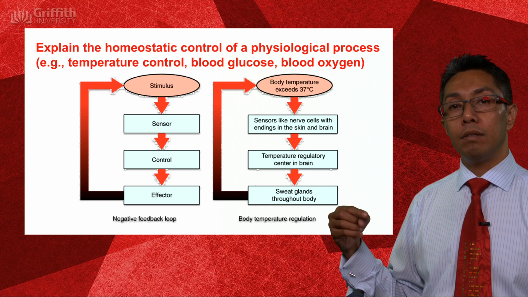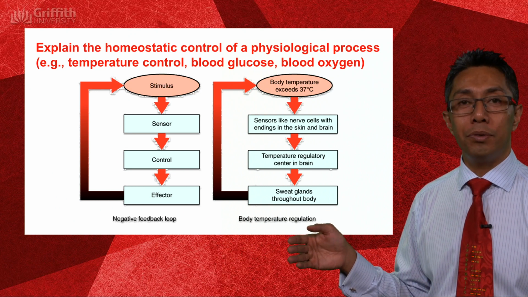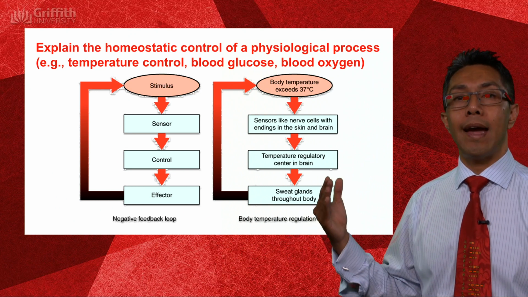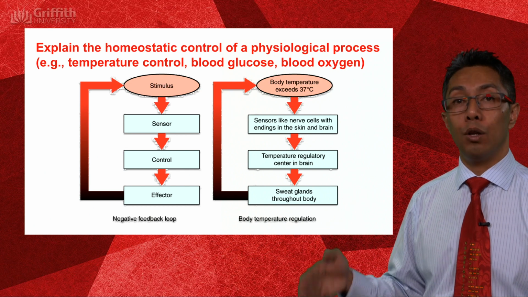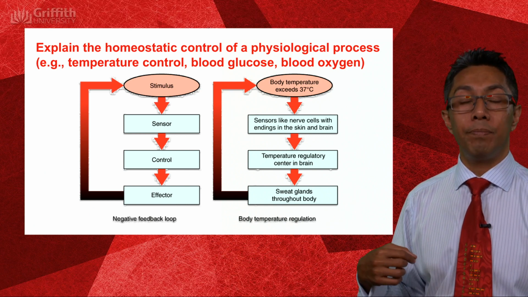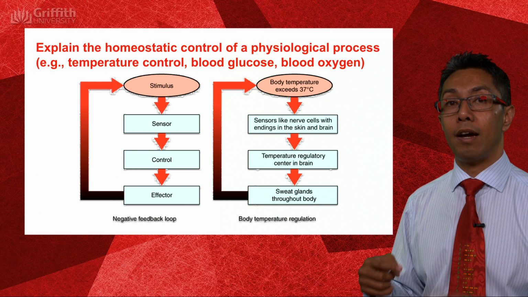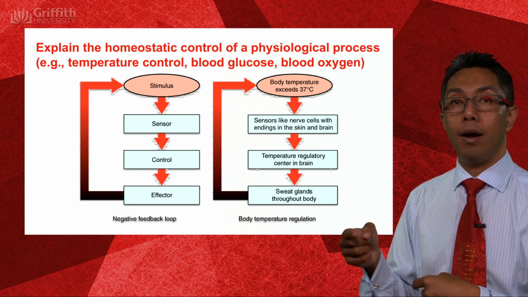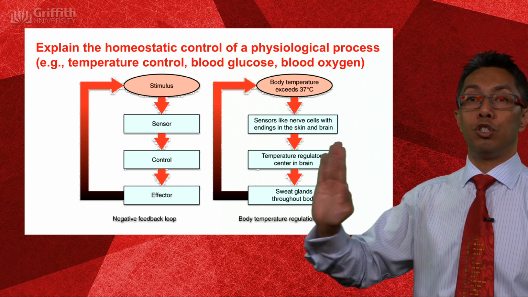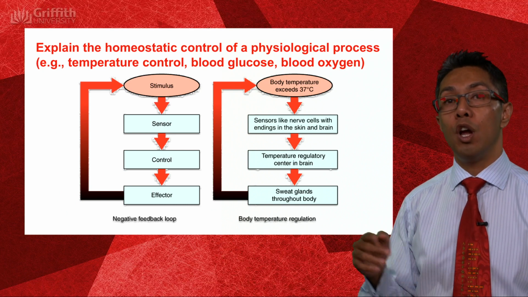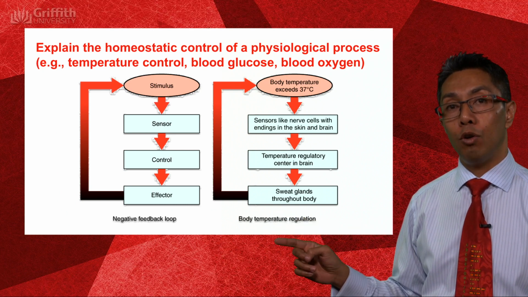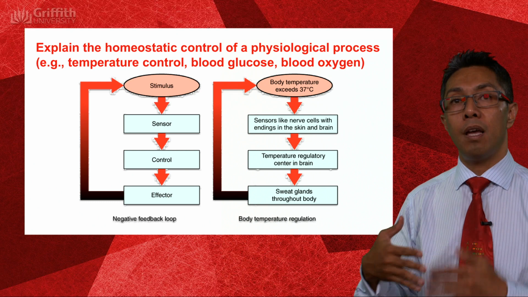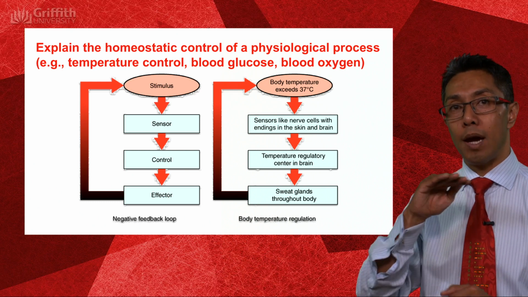Now, a lot of these, well, all of these homeostatic controls operate by what's known as a negative feedback loop. Now, a fever is an example of a positive feedback loop, which just makes you hotter and hotter and hotter, and pushes you off into the extreme in one direction, whereas a negative feedback loop brings your bodily systems back to a norm, back to a base level.